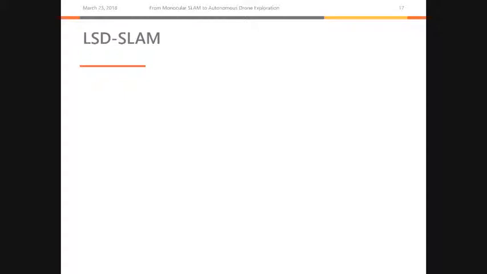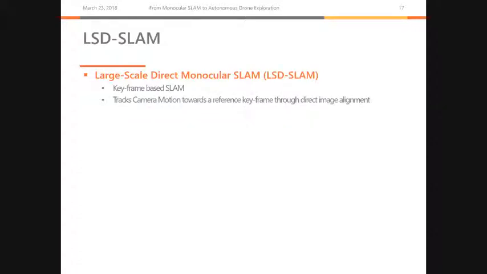For their SLAM, they use LSD-SLAM, introduced by them in 2013, I guess. It is a keyframe-based SLAM. They consider only some reference frames, and based on those reference frames, they track the motion of the camera.